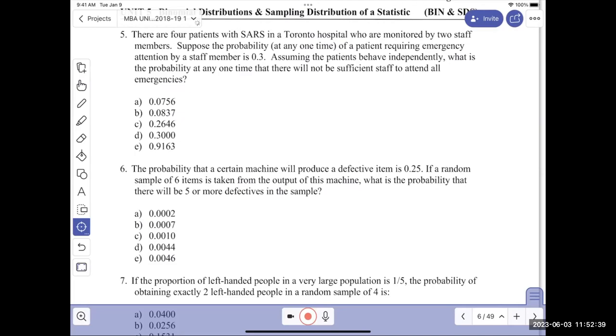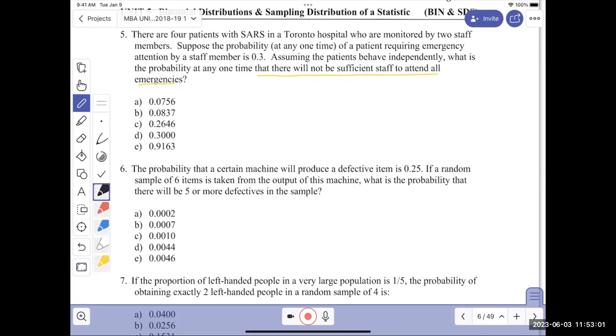Assuming the patients behave independently, what is the probability at any one time there will not be sufficient staff? So I said, your question surrounds what is in the last sentence, right? Or the last set of statements.